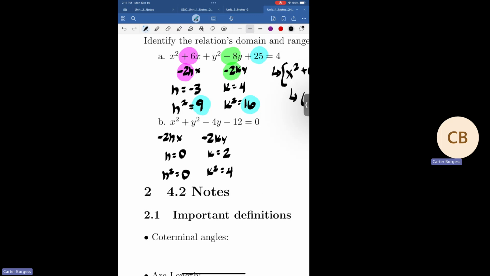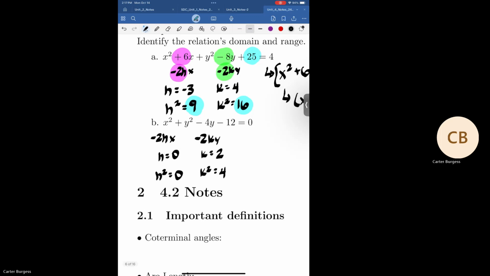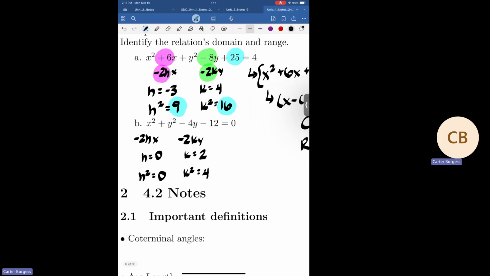What I'm going to do is make it so that all of my constant terms are on the right-hand side of my equation. So I would add 12 here to both sides. Actually, do I even want to do this?